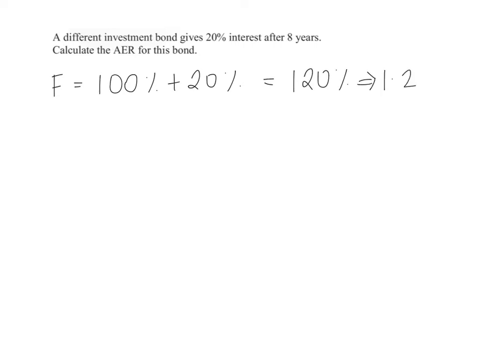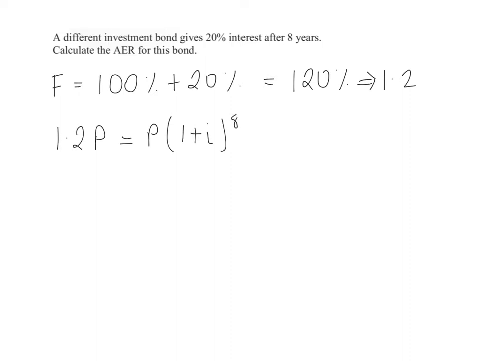Okay, so our future value is 1.2 times P. Whatever they invest, it's going to be 1.2 times that amount. So that's going to be equal to whatever P is, we don't know, okay? 1 plus I to the power of 8.